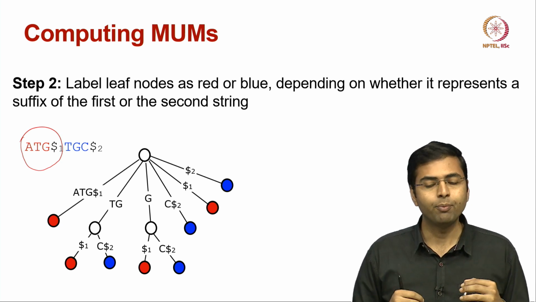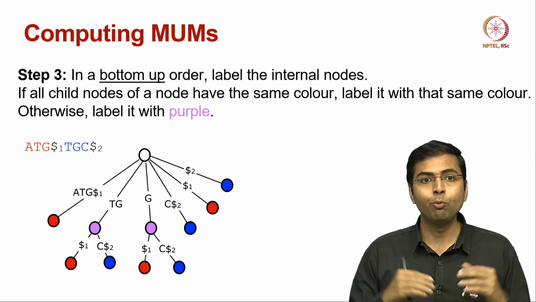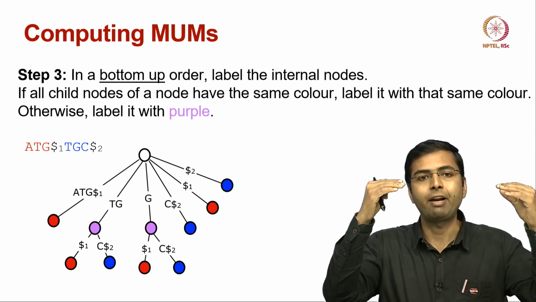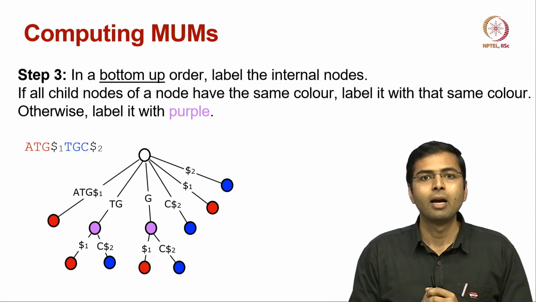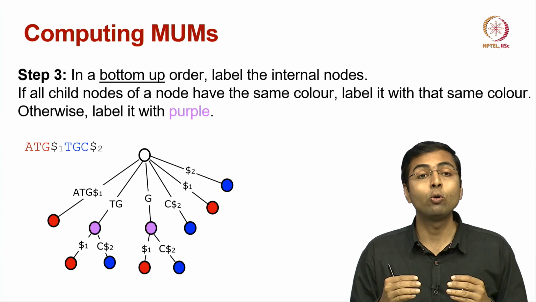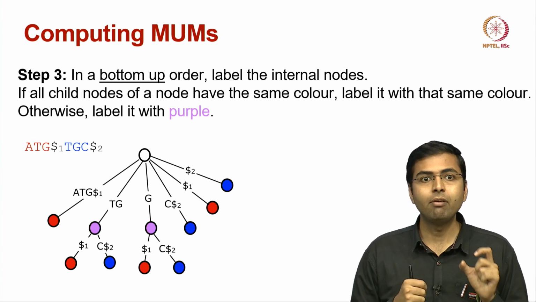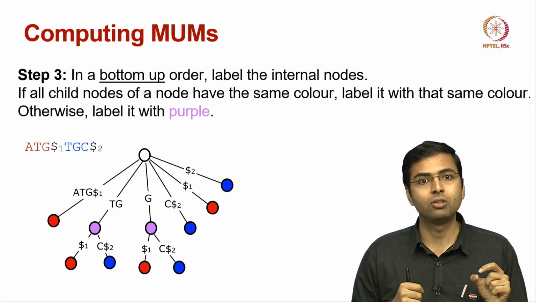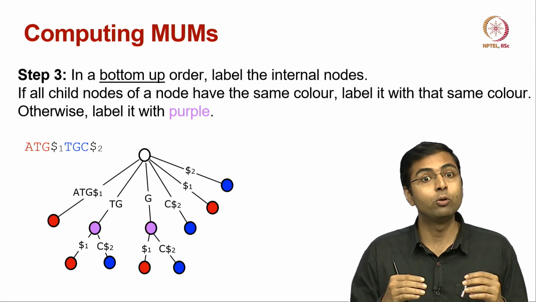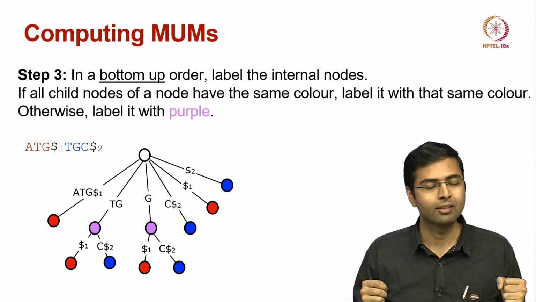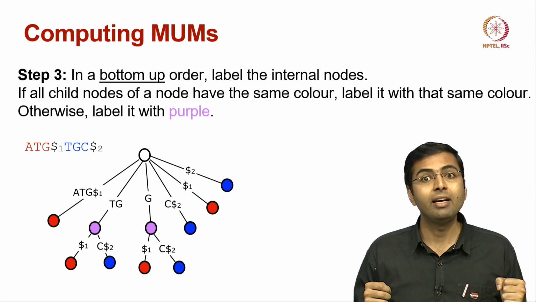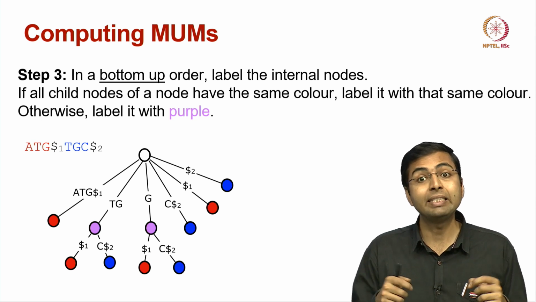As a next step, we will do a bottom up traversal of the tree, and we will label the internal nodes as well. The policy that we will follow is that if all the child nodes of a node have the same color, then we label the node with that same color.